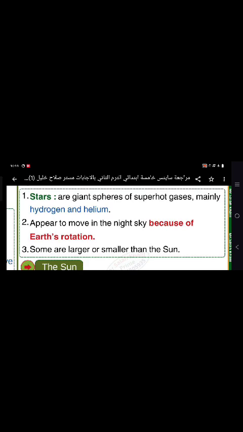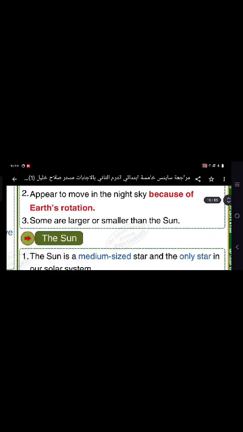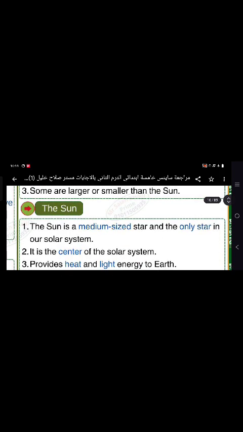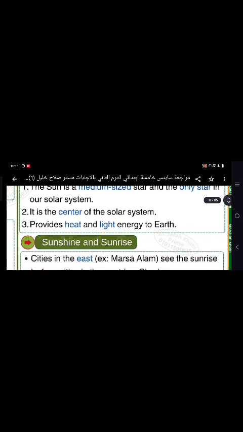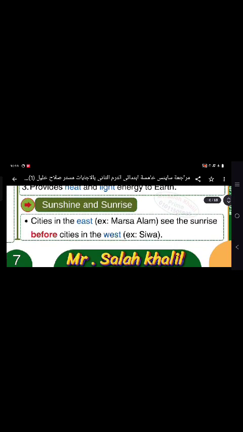The sun is a medium-sized star, so you can find stars larger or smaller than it. The sun is the only star in our solar system. It is found in the center of the solar system, and it provides us with heat and light energy.